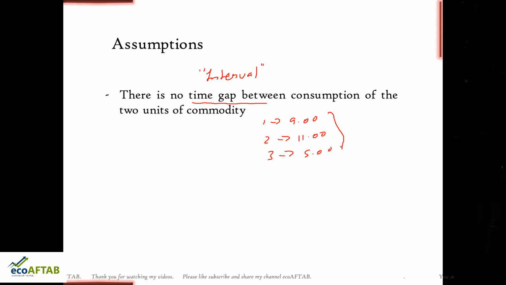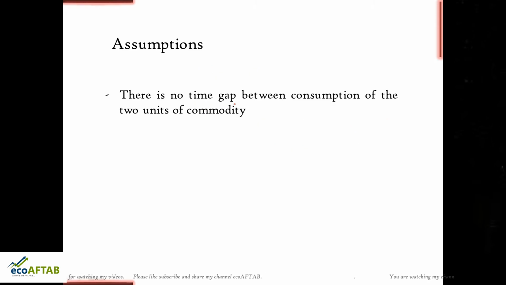In this case, every unit of the gulab jamun may give the same level of satisfaction to the consumer. But if the consumer increases the consumption of a particular commodity without any time gap, then what will happen? The marginal utility has to decline.